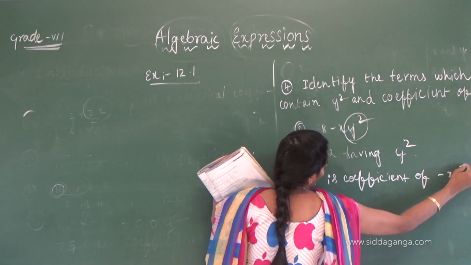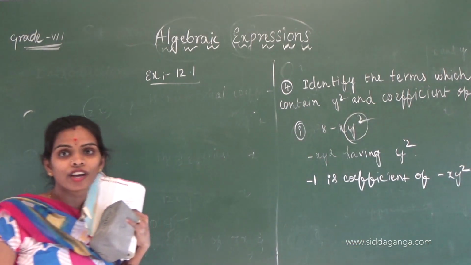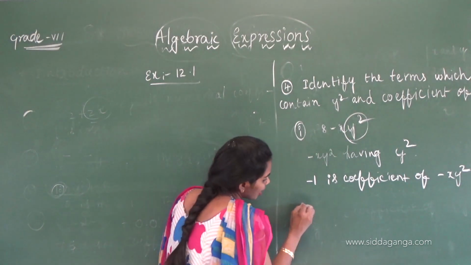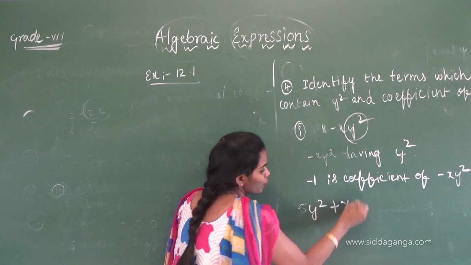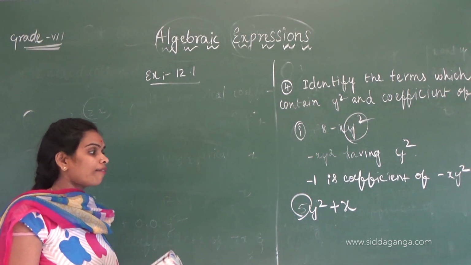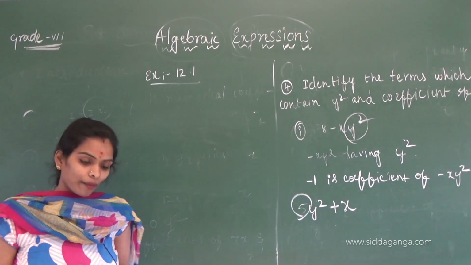Minus 1 is coefficient of minus x y square. Like that only. Here 5. Correct. 5 is coefficient of 5y square having y square.